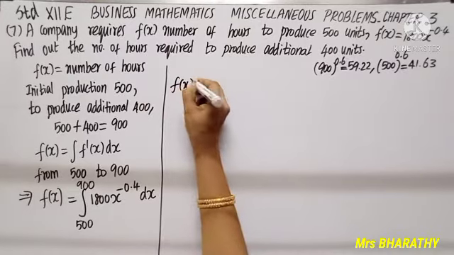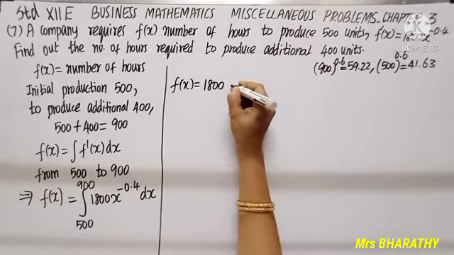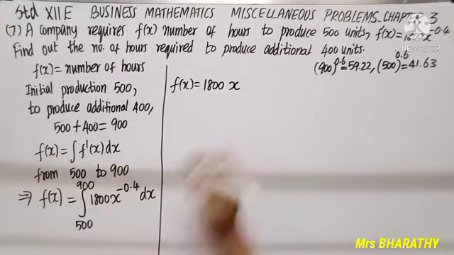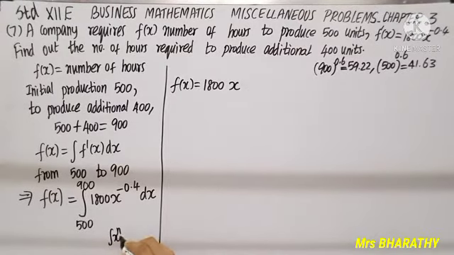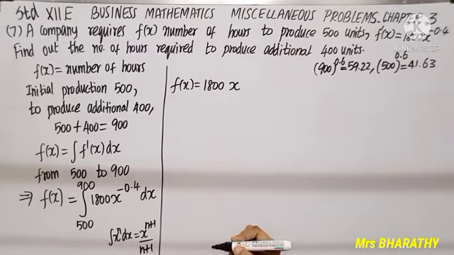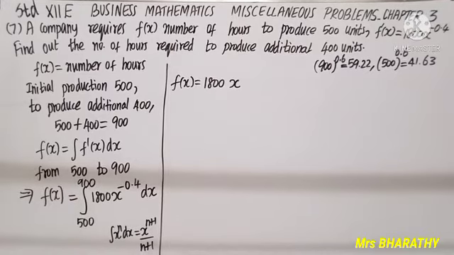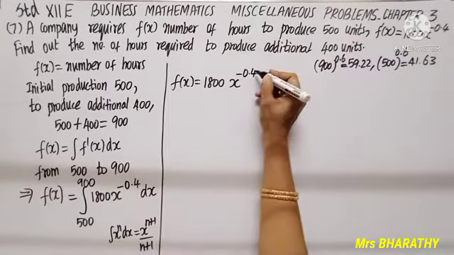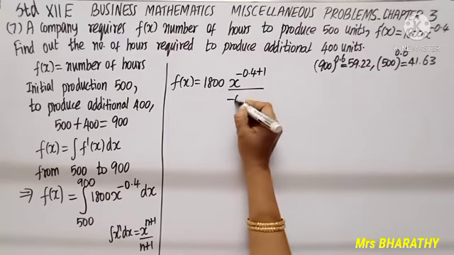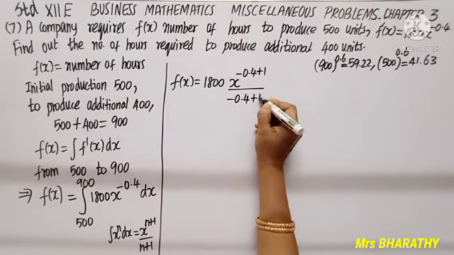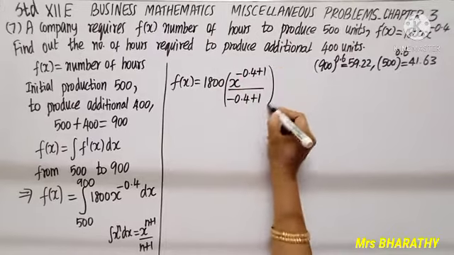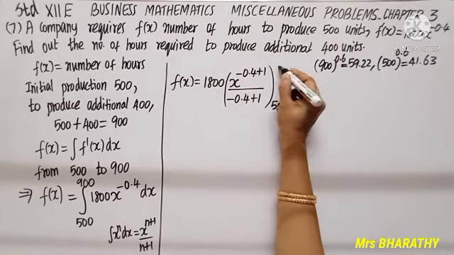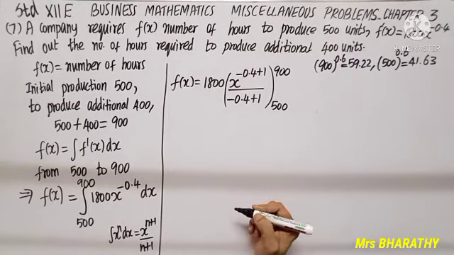F of x equals 1800 x power. We remember the formula, integral x power n dx is x power n plus 1 by n plus 1. As I substitute, minus 0.4 is the power plus 1 divided by minus 0.4 plus 1 between the limits 500 and 900.